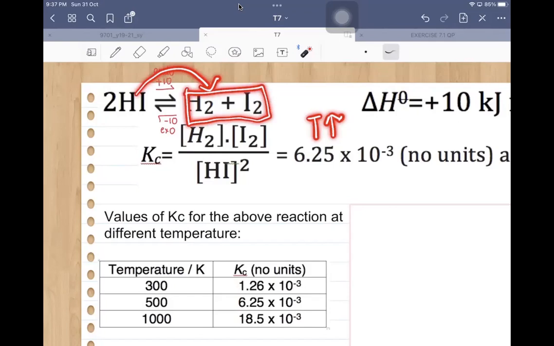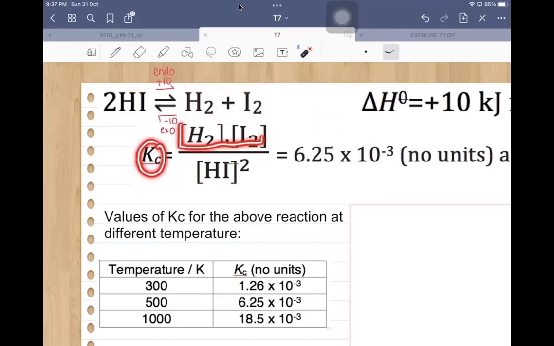Now, if you carry that qualitatively, that means without using numbers, more products over reactants. If you look at the Kc, you have products on top and reactants at the bottom. So if your product is big, your Kc will also be big.